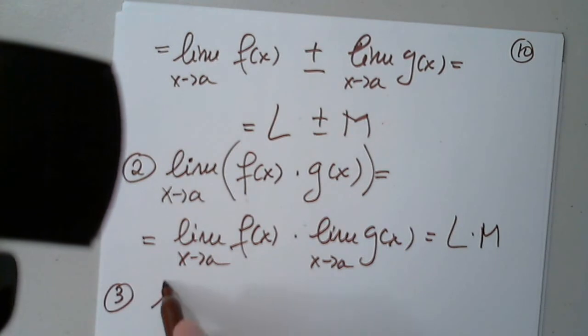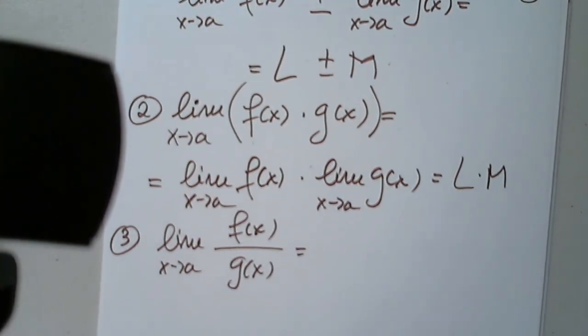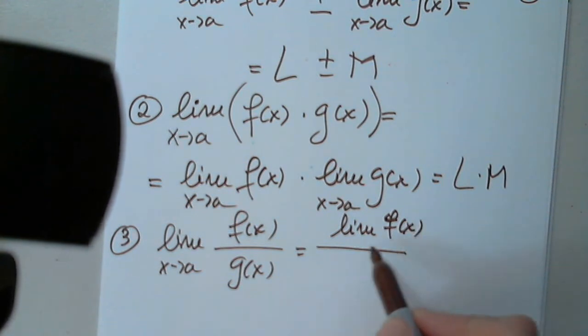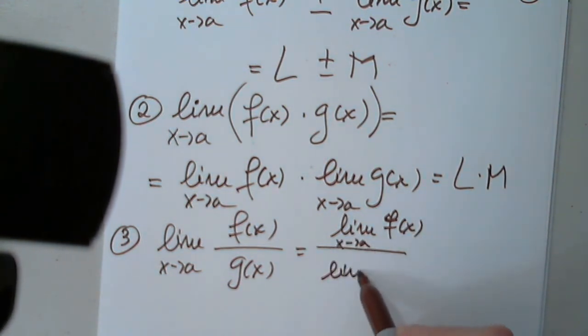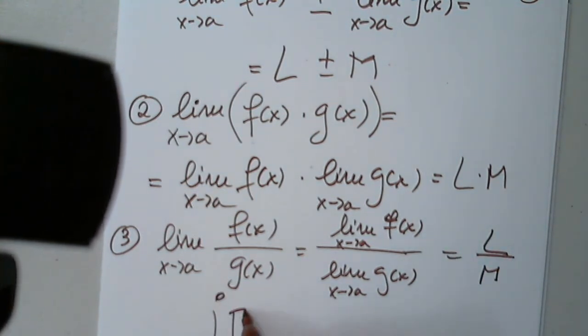Number 3, limit of f of x divided by g of x as x approaches a. Wild guess? Is it also limit f of x divided by limit g of x? Absolutely. And yes, it is L over M, but there is a big if here, which we did not have before.